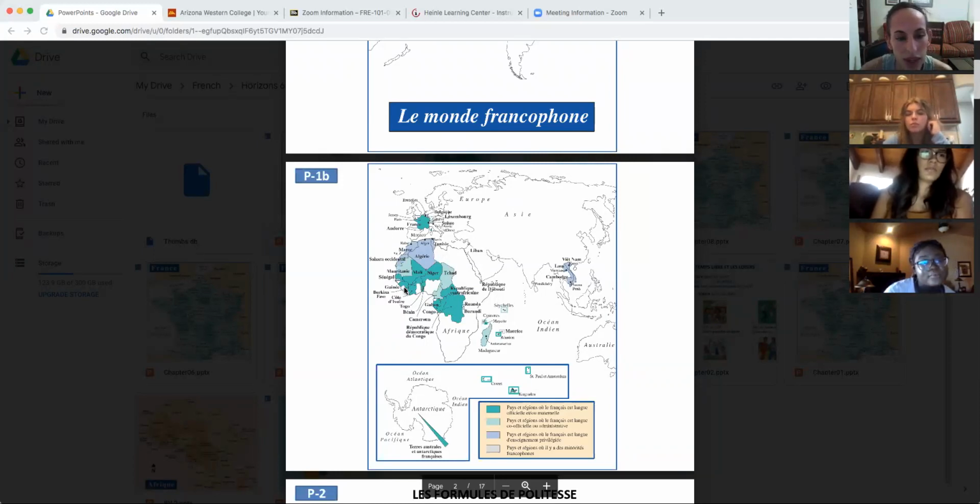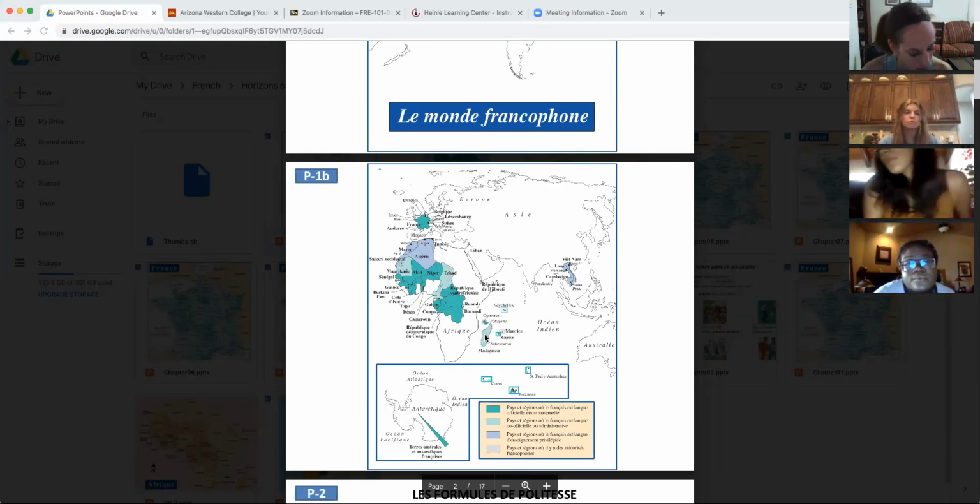So predominantly they are in the west and the north, but we do have some in the south. So those are the predominant areas. And we also even have Madagascar off to the east, which is considered part of Africa. So that was a really tricky question.